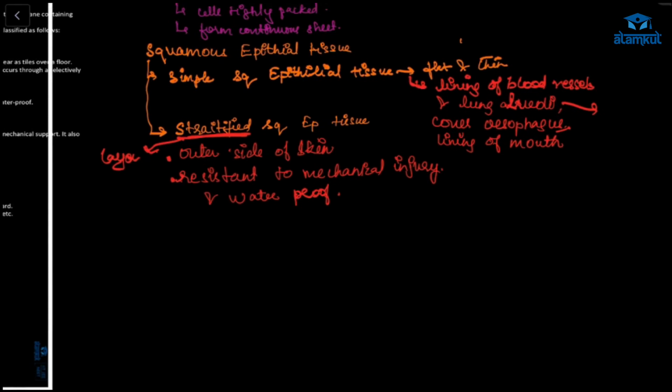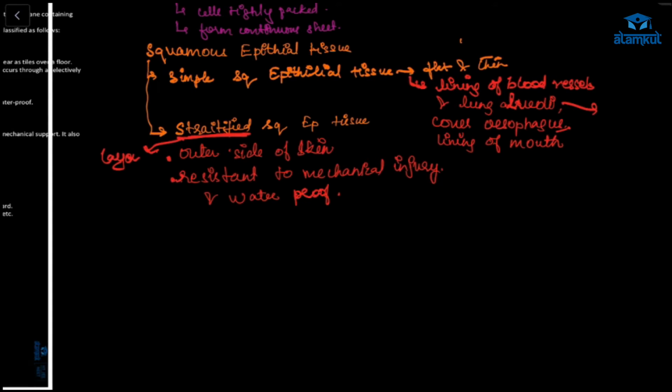First thing is, simple epithelial tissue is present inside, and it is contained in the lining of blood vessels, then alveoli, and it also covers the esophagus and is present in the lining of the mouth. Now stratified: they are flat and thin.